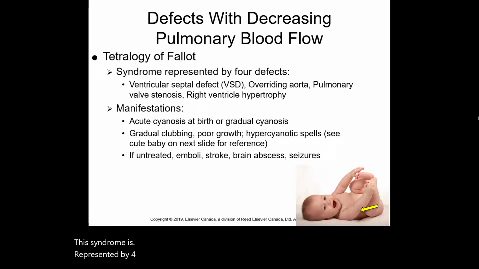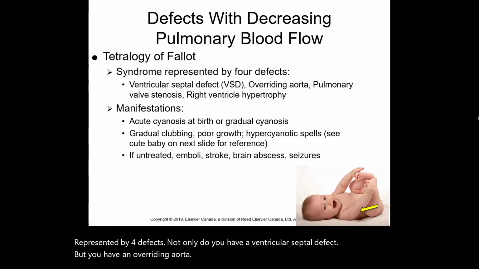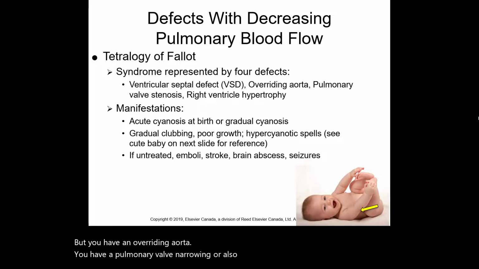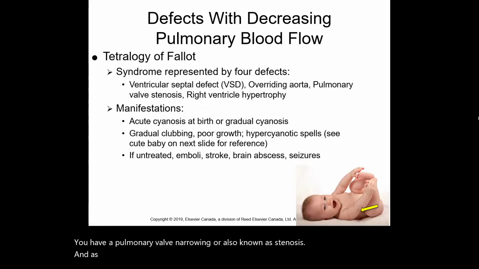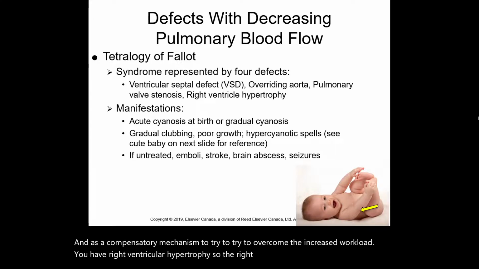Not only do you have a ventricular septal defect, but you have an overriding aorta, you have a pulmonary valve narrowing, also known as stenosis, and as a compensatory mechanism to try to overcome the increased workload, you have right ventricular hypertrophy. So the right ventricle muscle actually increases in terms of size.